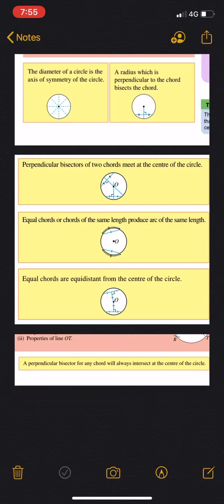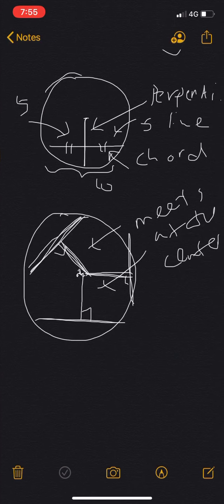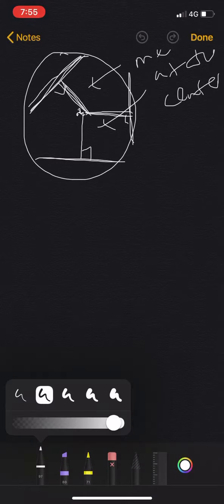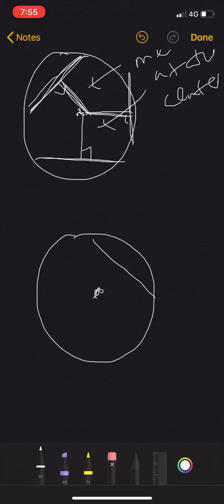The fourth one: equal chords, or chords of the same length, produce arcs of the same length. So this one basically tells you about, if you have chords with the same length, say like this one is 10, the length of the chord.